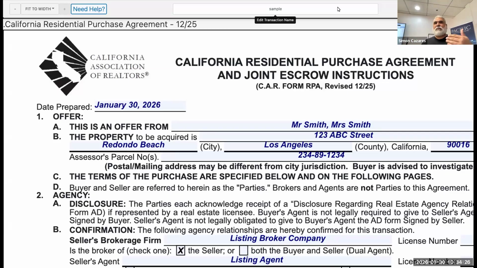We also have a commercial purchase agreement, a vacant purchase agreement. We also have a residential income purchase agreement. But this one is for a condo, townhome, manufactured home, single family residence. You can use this form even with multifamily if you want to, but I wouldn't encourage it.